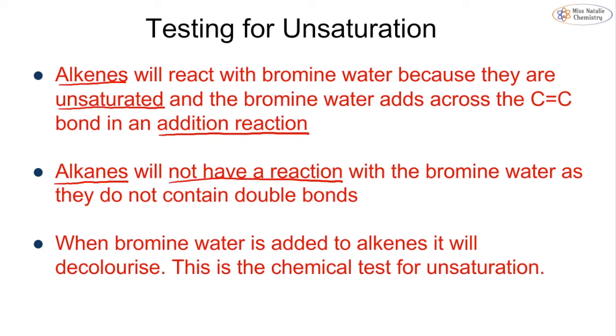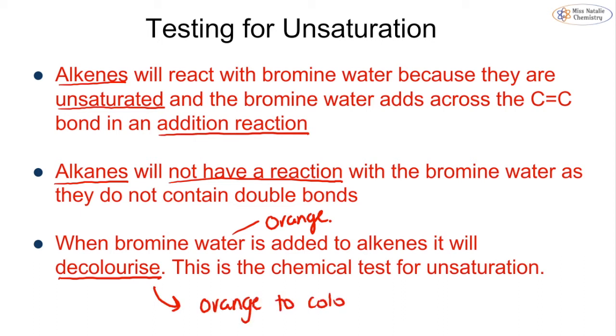So we don't see any reaction here. So what happens is when the bromine water, which is this orange colour, is added into the alkene, it will decolorize, meaning it goes from orange to colourless.